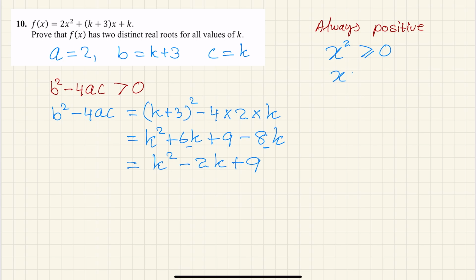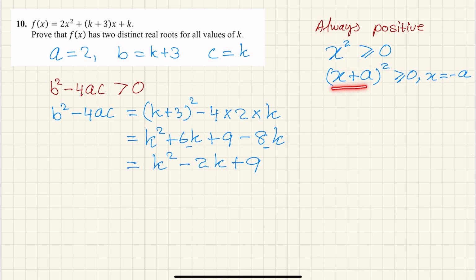If you look at x plus a all square, we call it a complete square. This expression is always greater than or equal to 0. When x is equal to negative a, you're going to get 0 on the left hand side.